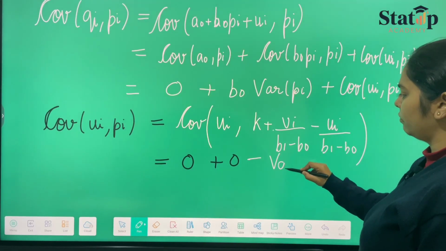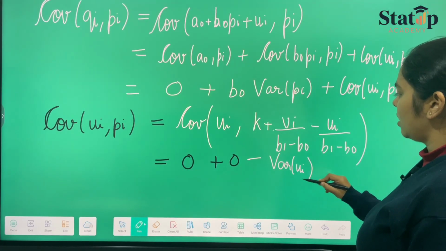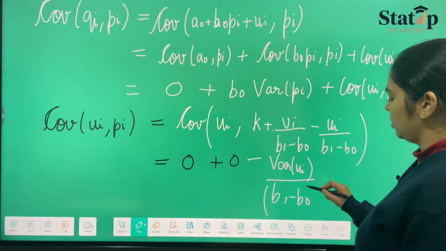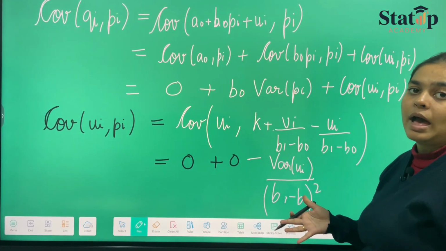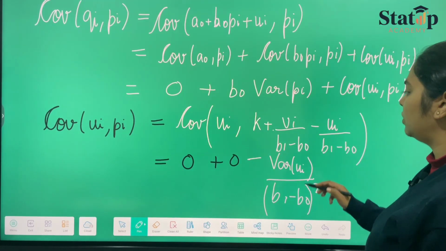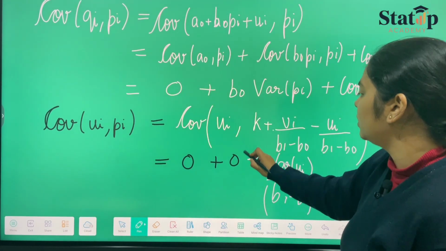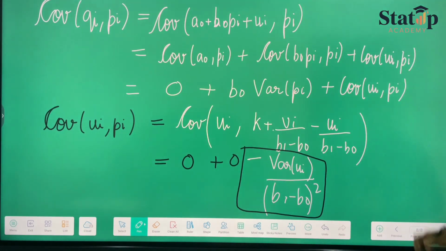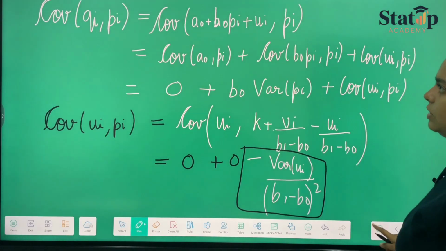So it will be minus variance of Ui upon (B1 minus B0) whole square, because it is a variance term, and if something comes out of variance it will be squared. So the covariance between Ui and Pi is nothing but minus variance of Ui upon (B1 minus B0). I will put this value here.